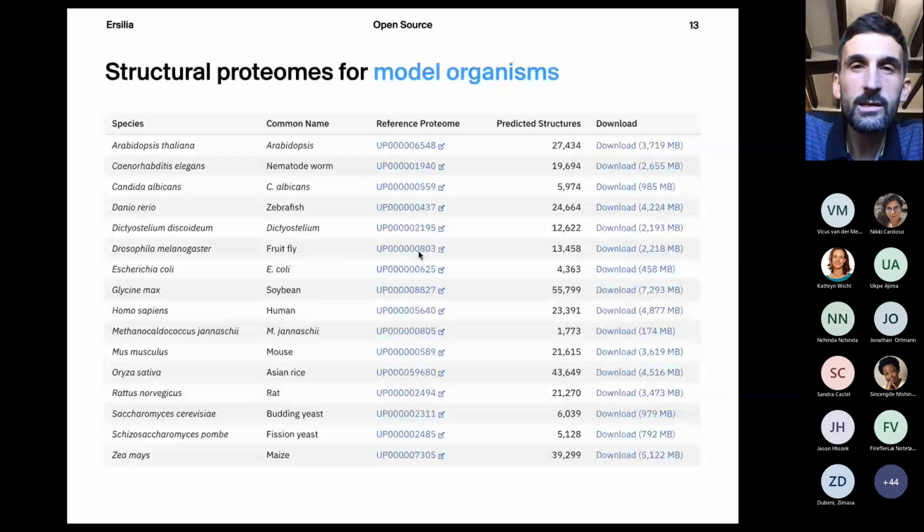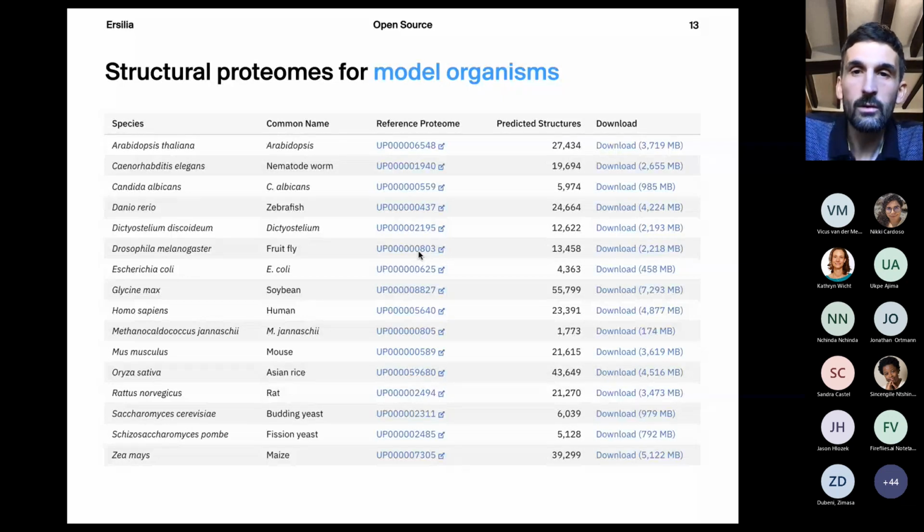All right, so why is it useful? Why should we care about all of this if we are doing antimicrobial drug discovery? Well, today people have been predicting protein structures for many proteins and putting them out in the public domain.